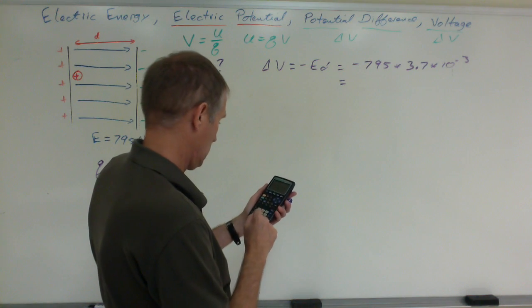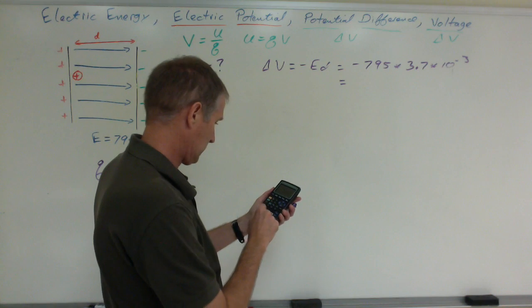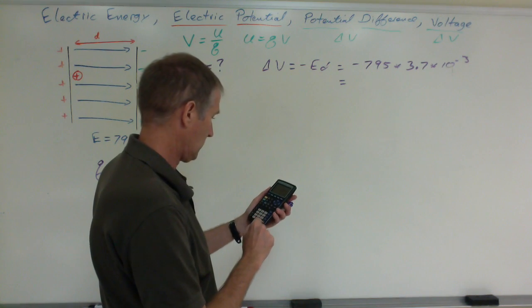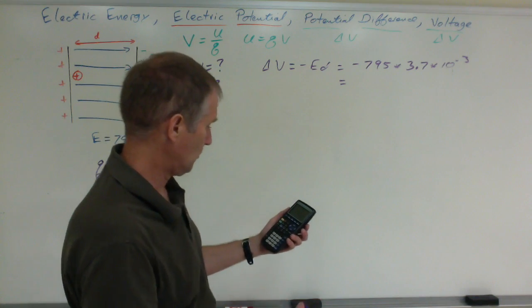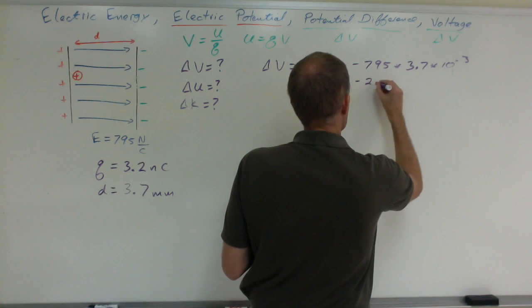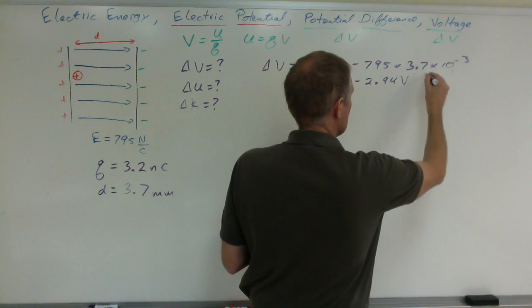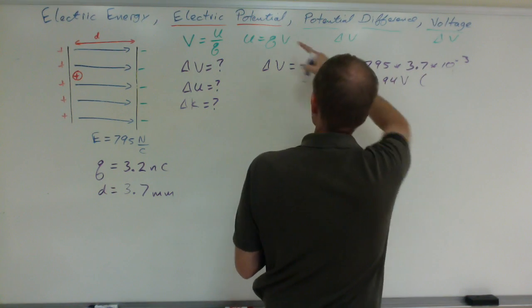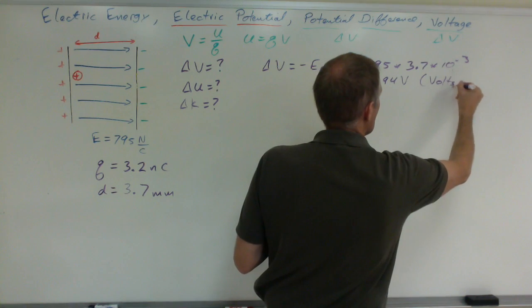So that's negative 795 times 3.7 times 10 to the negative 3, which is negative 2.94 volts. Again, potential difference and electric potential are measured in volts, uppercase V.